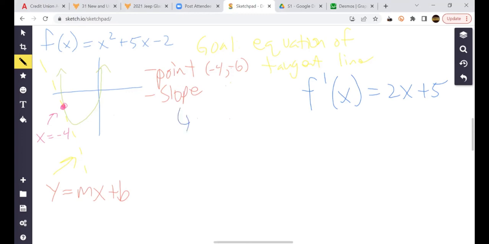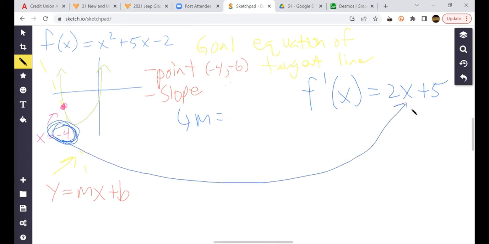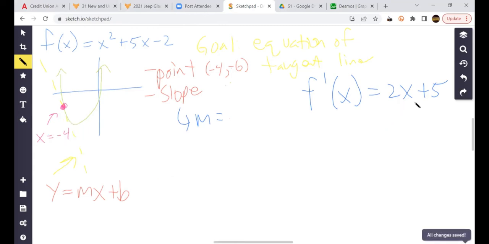And the slope is represented by the letter m from like freshman math. Remember, y equals mx plus b, m is the slope. So how do I find the slope? You go to the derivative and you tell the derivative your x coordinate, boom, this guy. You take your x coordinate and you plug it into your derivative. And let's see what happens.